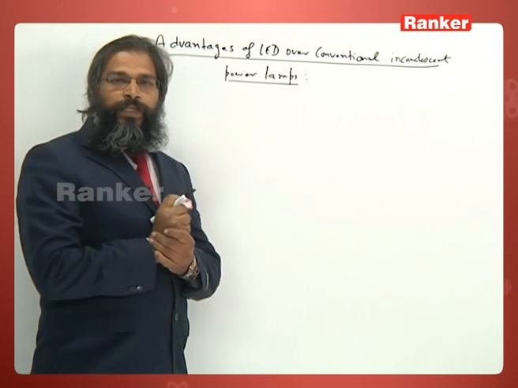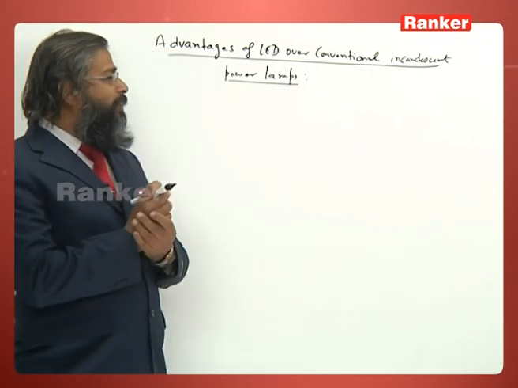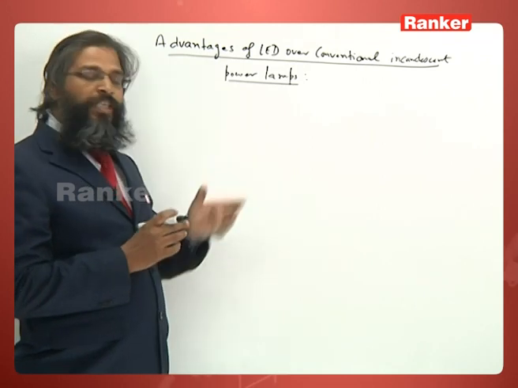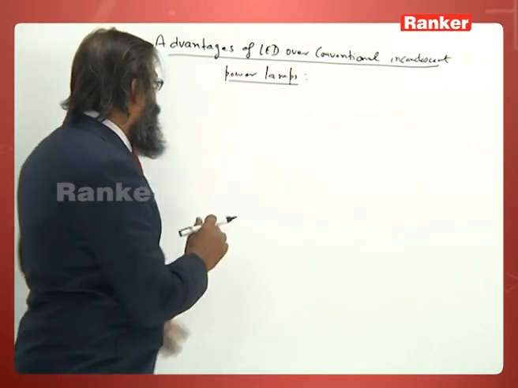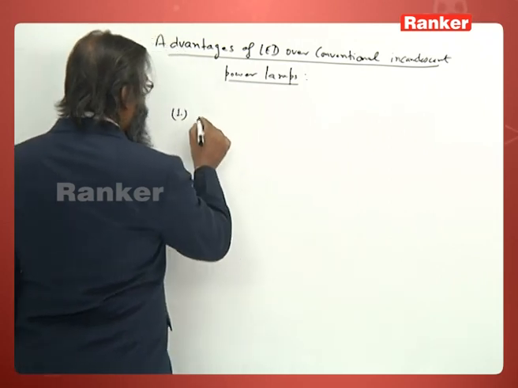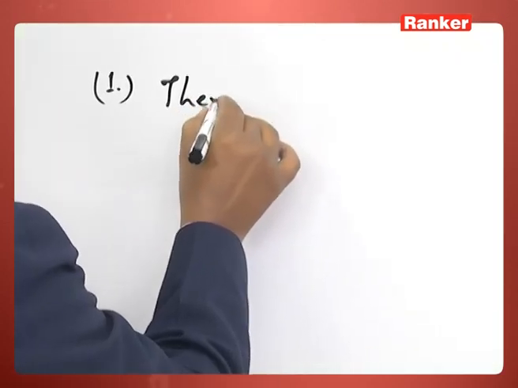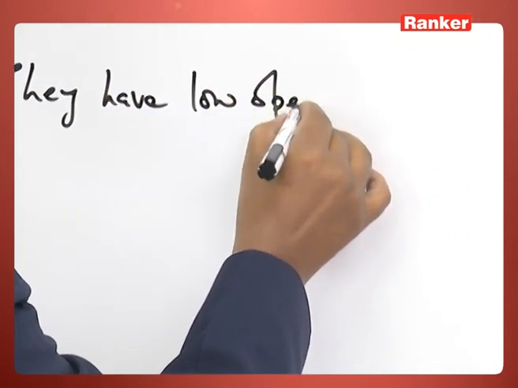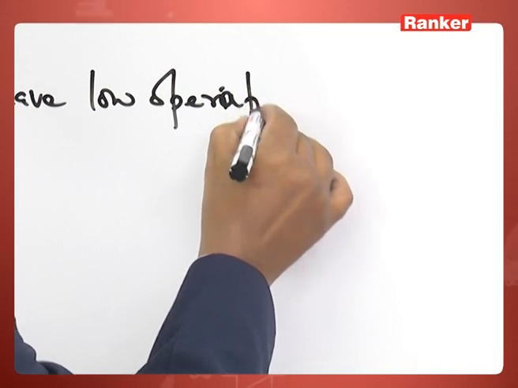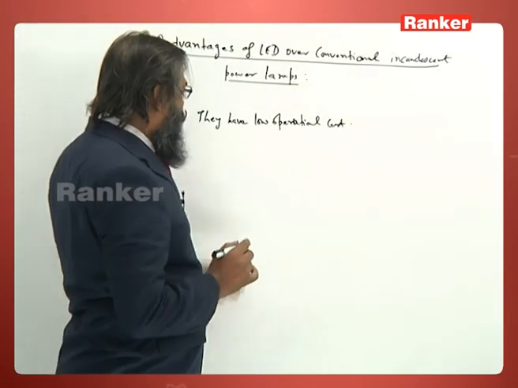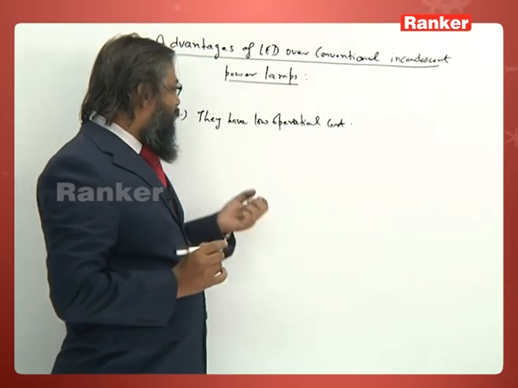Now let us see what the advantages of LEDs are over conventional incandescent lamps. Number one, they have low operational cost. That means the electricity usage is low.